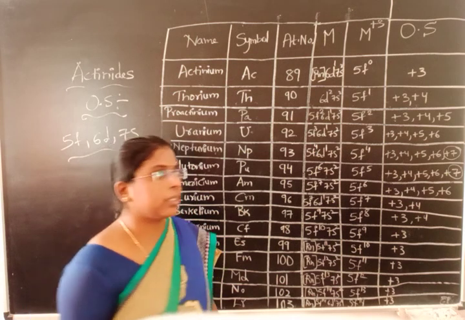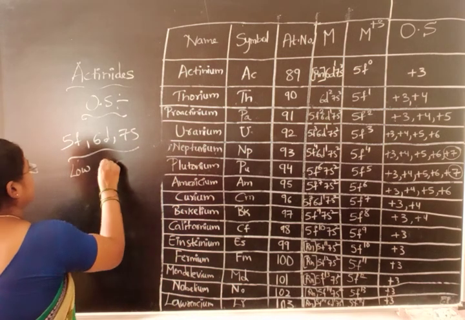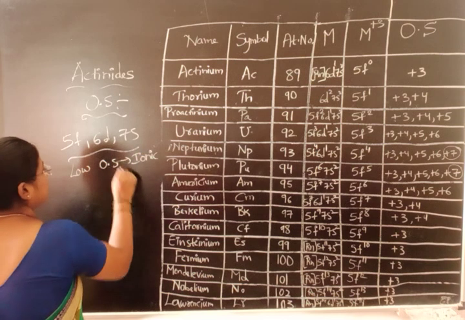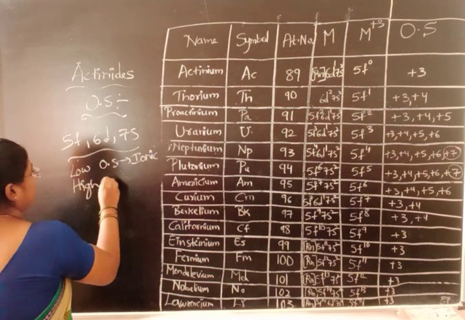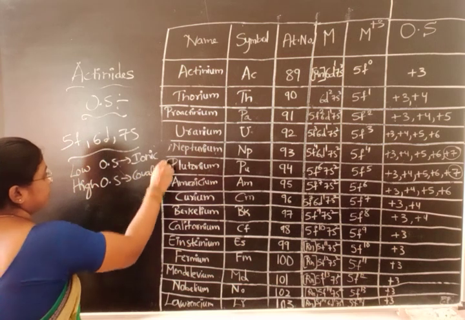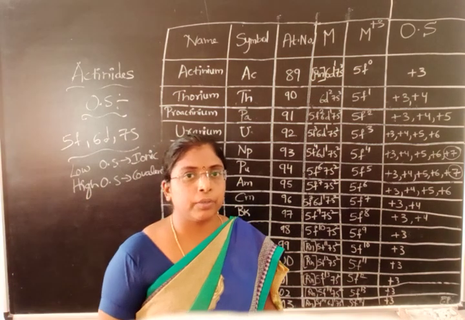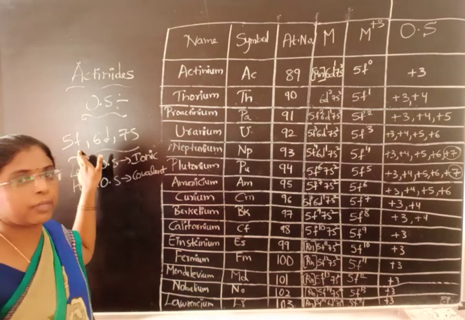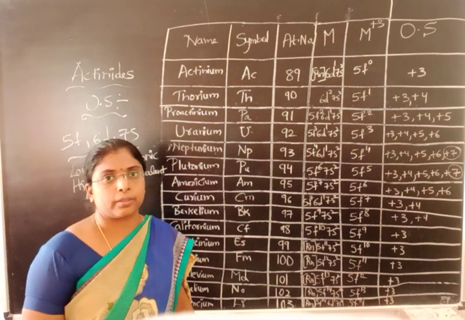Lower oxidation state elements are ionic compounds. Higher oxidation state elements are covalent in nature. And these elements exhibit the variable oxidation state because of the comparable energies of 5f, 6d as well as 7s subshells.